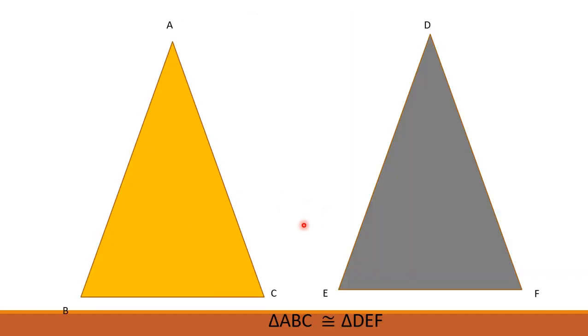Now we can observe this. These are the two triangles ABC and DEF. Angle B and angle E are equal in measure, as we can observe. Similarly, angle C and angle F are both equal in measure. Now we try to put one over the other. So what will happen?